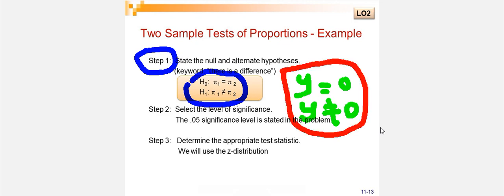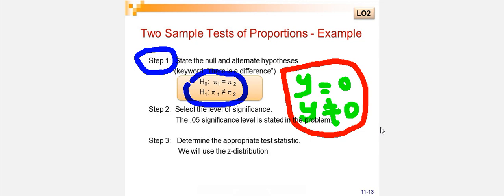Ini hypothesis H0. H1, we say younger is not equal to older. Okay. Kita guna simbol ni pun okey, ataupun kita guna perkataan pun okey. Tak semestinya kita guna pure matematik punya simbol, pi1 or pi2 or so on.